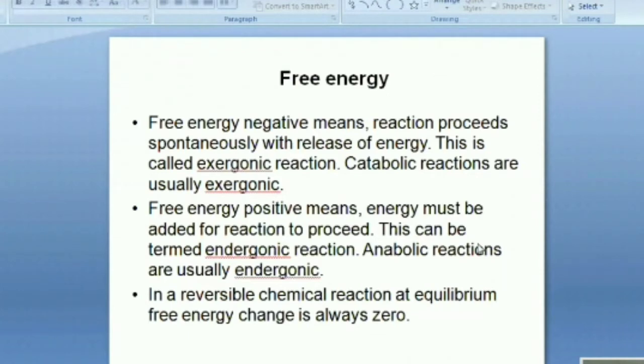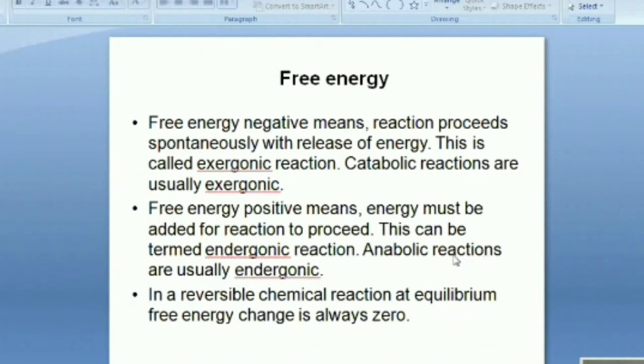Chemical reactions that consume energy are termed endergonic reactions. Catabolic reactions are exergonic reactions, and anabolic reactions are endergonic reactions. These are the very basic ideas.